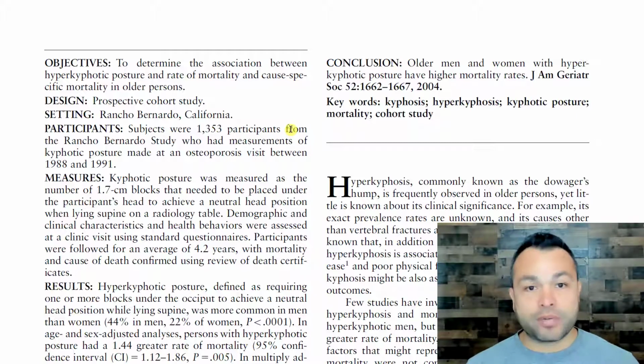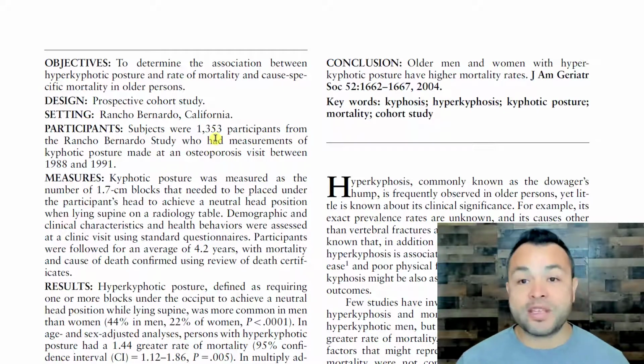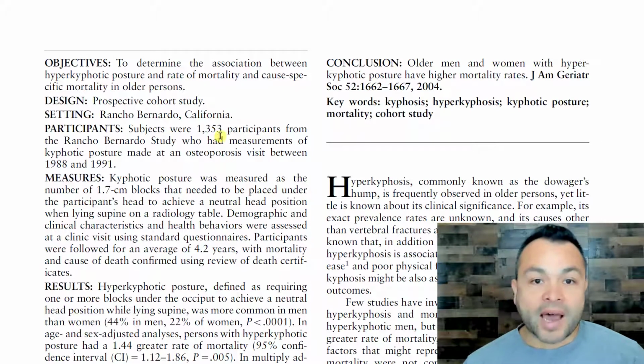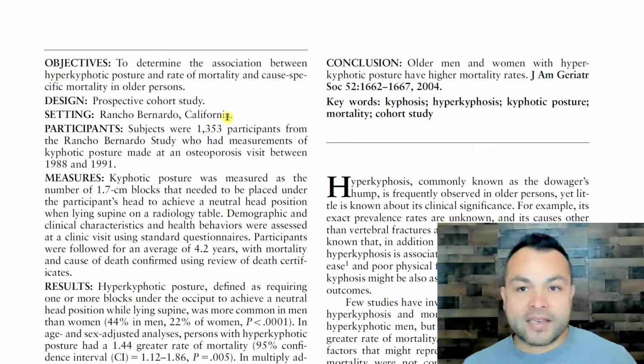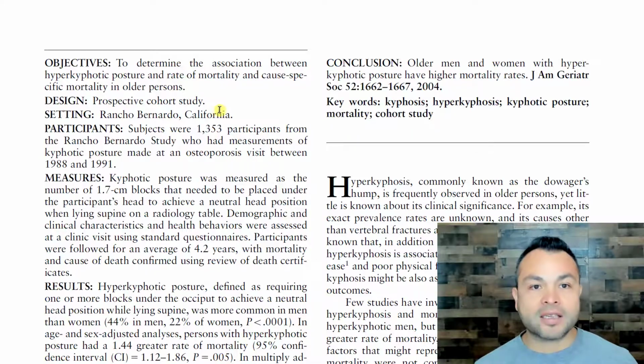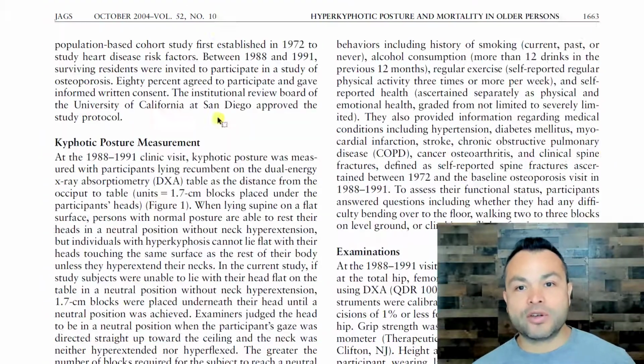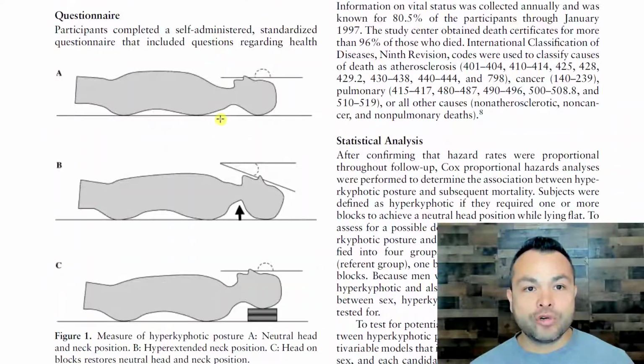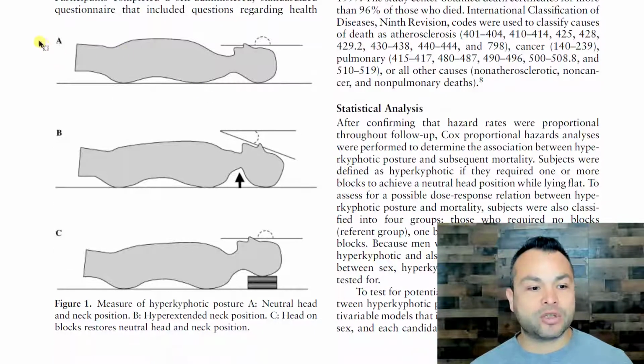Now, this was a prospective cohort study, and it included 1,353 participants. Kyphotic posture was measured as the number of 1.7 centimeter blocks that needed to be placed under the participant's head to achieve a neutral head position. So basically, they would lay somebody on their back.